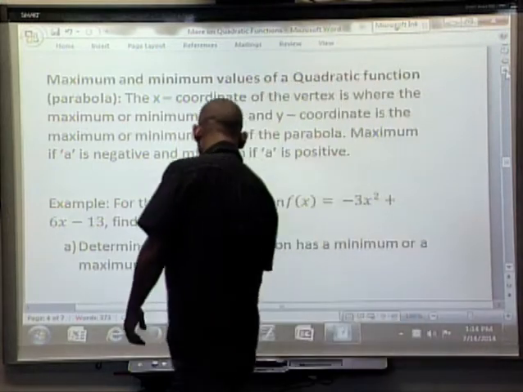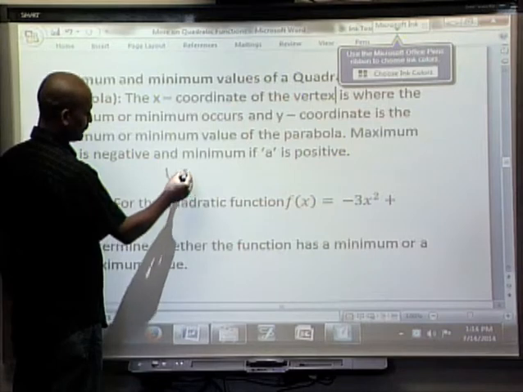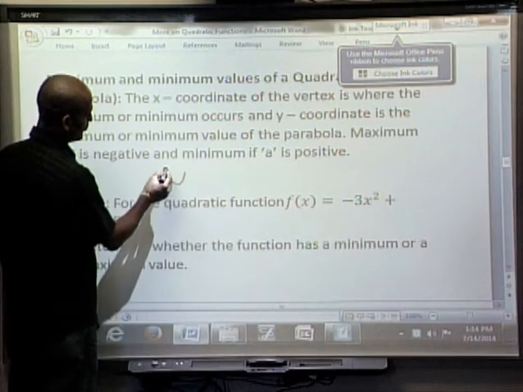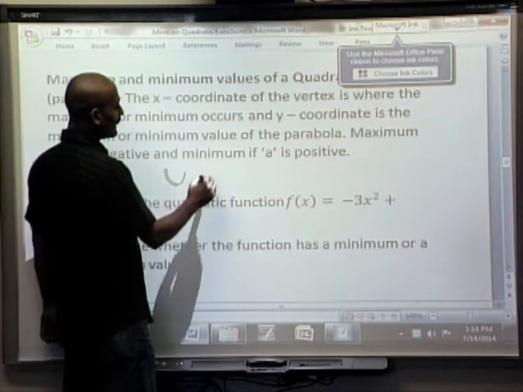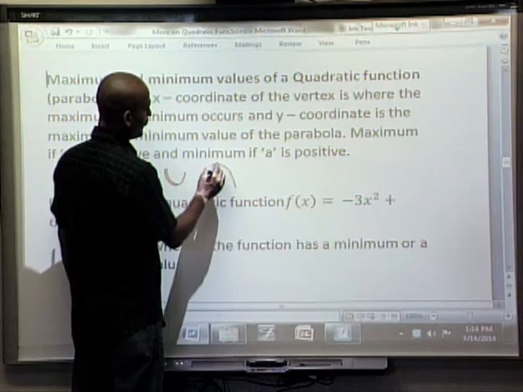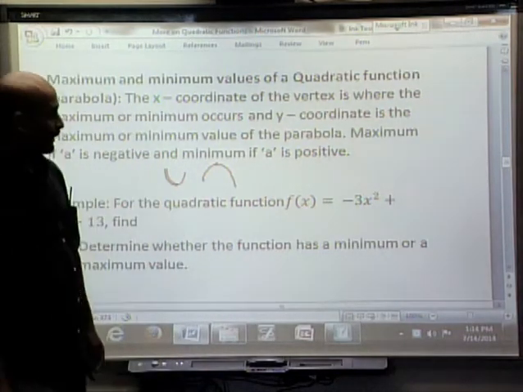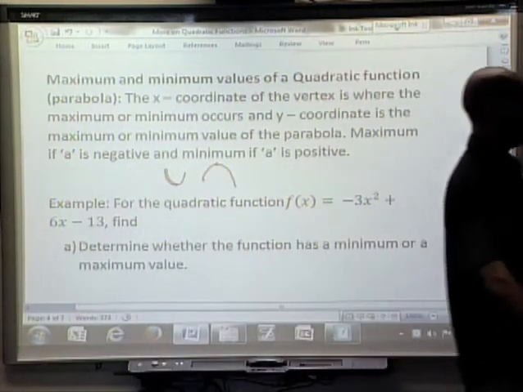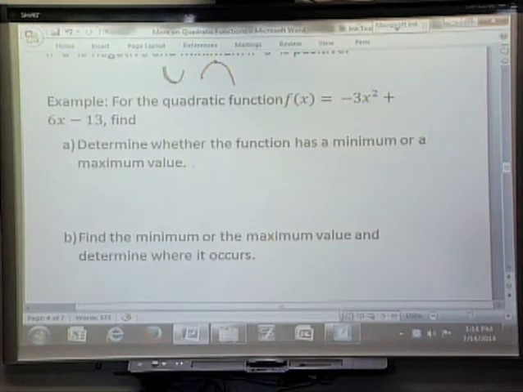The reason is, if a is positive, the parabola will look like this. It goes down, and this is the minimum point. If a is negative, the parabola opens downward, and this is the vertex and the maximum value of the parabola. So, let us look at one problem and we will apply this concept.